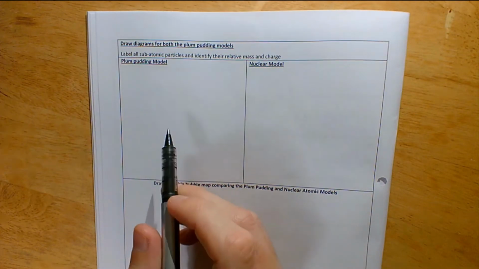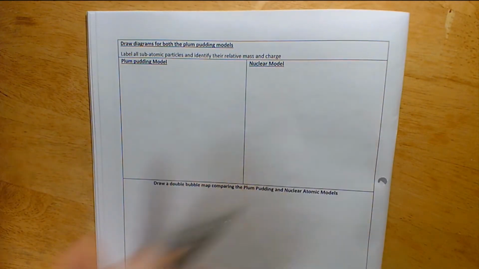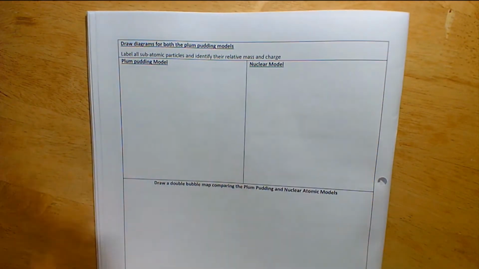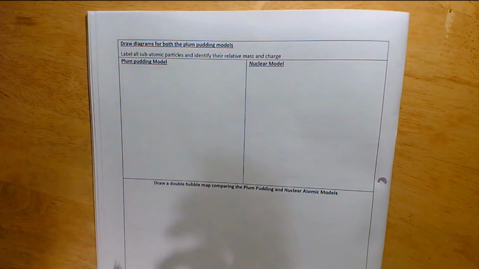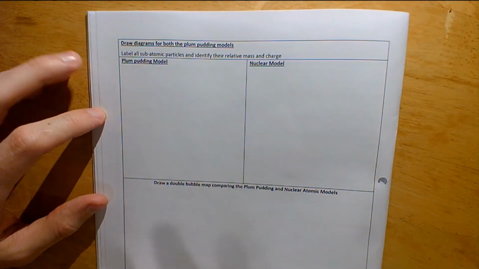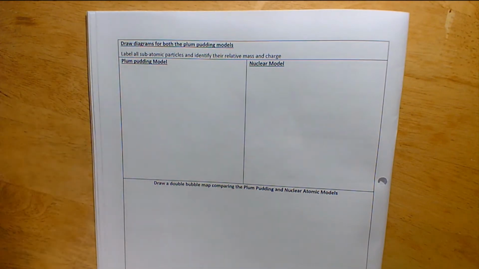So here I'm going to draw and label the two models of the atom that you need to be familiar with. I'm going to start with Thomson's plum pudding model, and then I'm going to do Ernest Rutherford's nuclear model. So the plum pudding model, so what Thomson had discovered was that atoms contained these very small, very negative electrons.